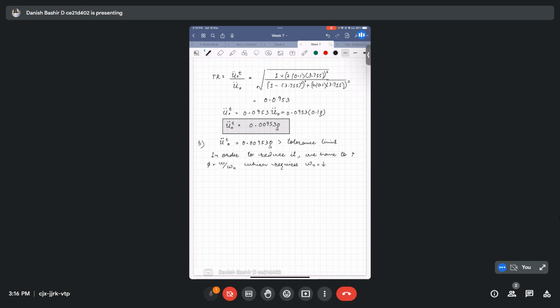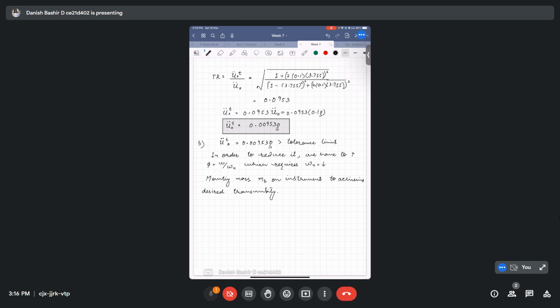So we will mount some mass mb on the instrument to achieve the desired transmissibility.